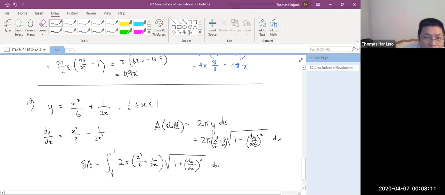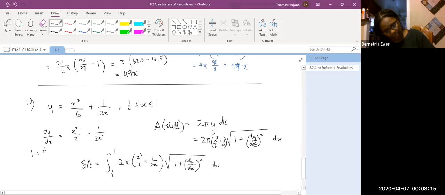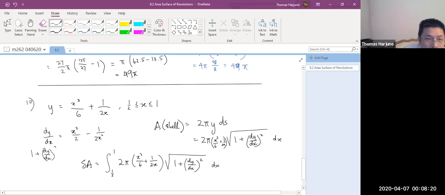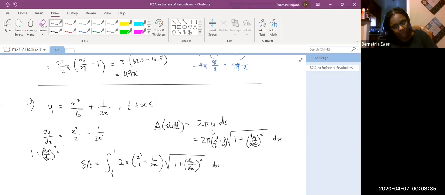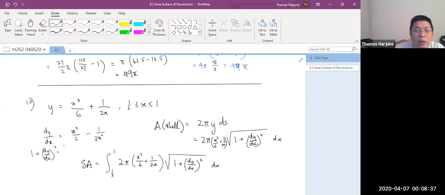My suggestion: before you actually write that integral, try to find out what this will be first. Let me give you maybe 5 minutes just to get the feeling on how to approach this.